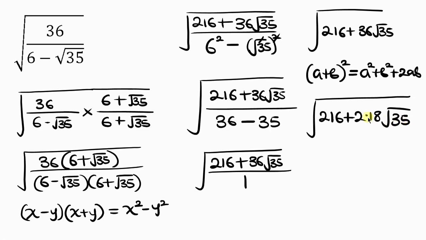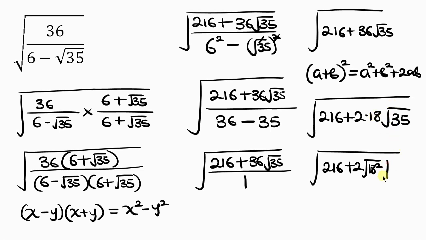Our next step will be for us to write this 18 inside of this square root. And for 18 to go inside of this square root, I'm going to be writing it as the square root of 216 plus 2 times the square root of 18 squared, because square roots can cancel squares, leaving 18. So this expression and this 18 are the same.